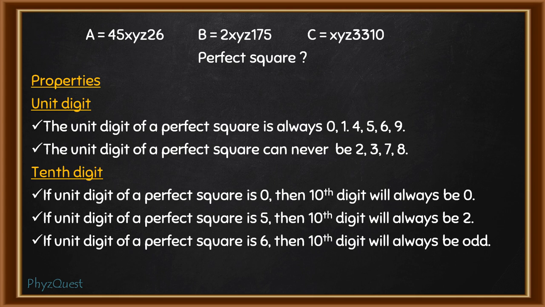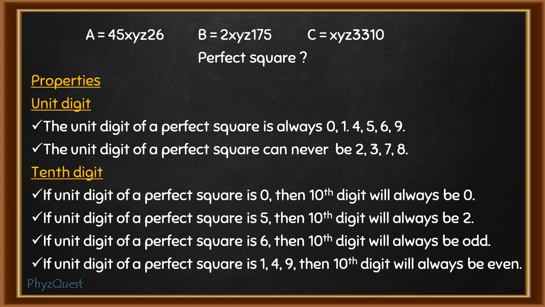Now the last rule is, if the unit digit of a perfect square is either 1, 4 or 9, then the 10th digit will always be even. So these are the rules for the unit digit and the 10th digit, using which we have to find out whether the 3 numbers given in the question are perfect squares or not.